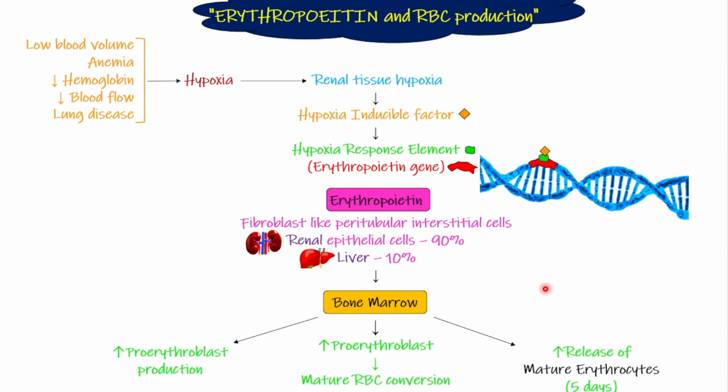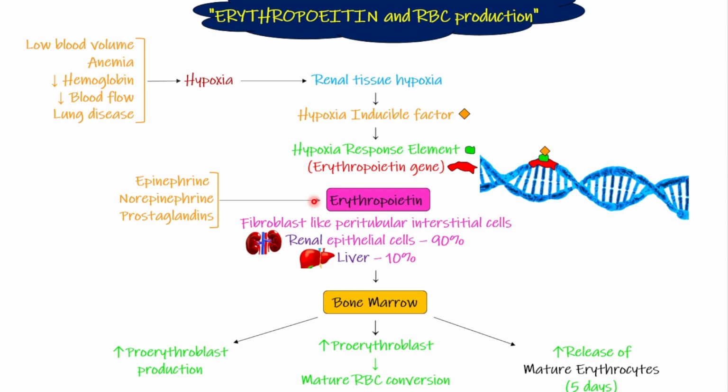So is this the only mechanism for the production of RBCs by erythropoietin? Hypoxia isn't the only stimulus. There is another pathway: epinephrine, norepinephrine, and prostaglandins will also result in increased production of erythropoietin. These relate to the sympathetic nervous system, the neurotransmitters epinephrine, norepinephrine, and the prostaglandins, and can also directly increase the production of erythropoietin other than the hypoxic pathway.